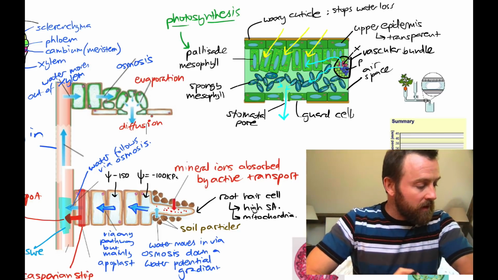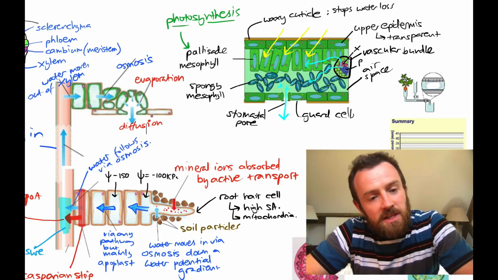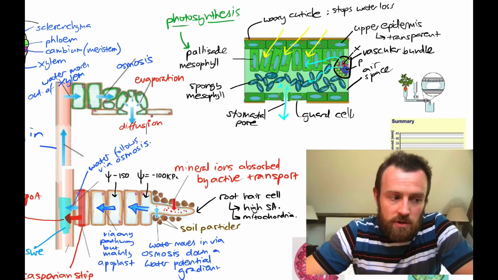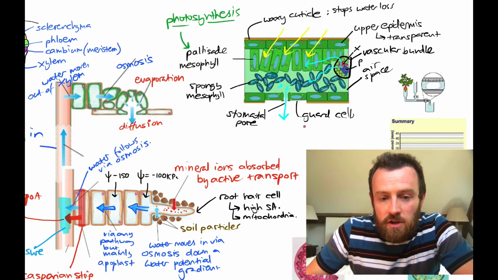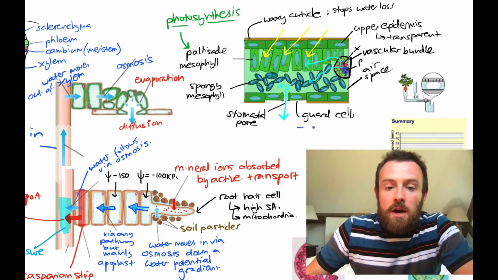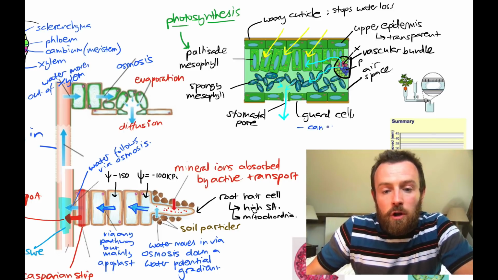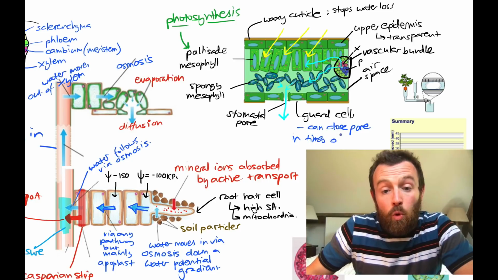So that is transpiration. This can be regulated and stopped by the closing of the guard cells. So the guard cells here, let's just put a little note underneath, can close the pore in times of water stress.